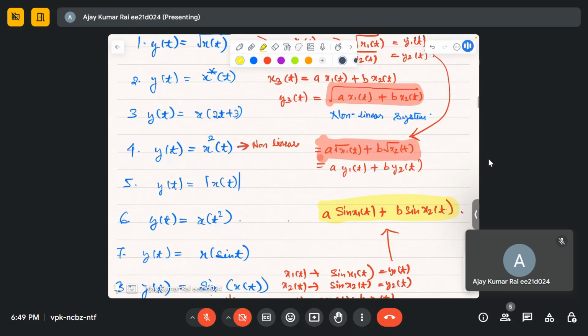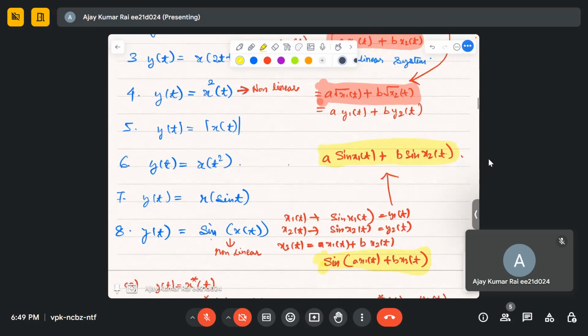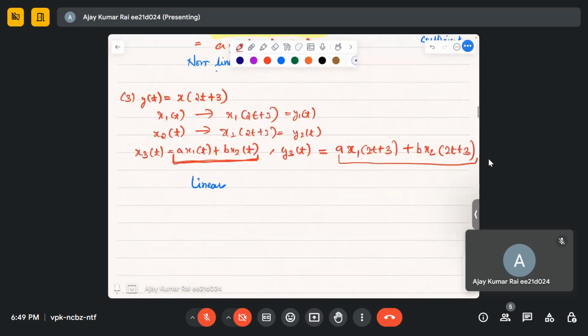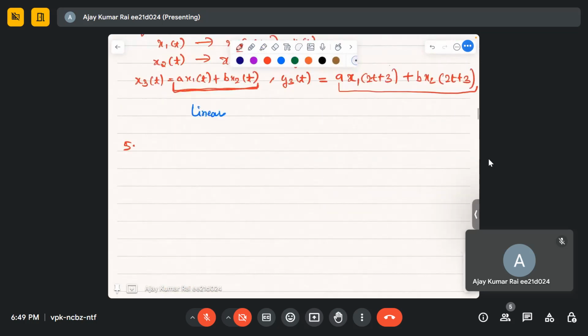Now, this is again very interesting. Let's cover this fifth one. y(t) is this. If I give x1(t), then the output is this, which I'm calling y1(t).